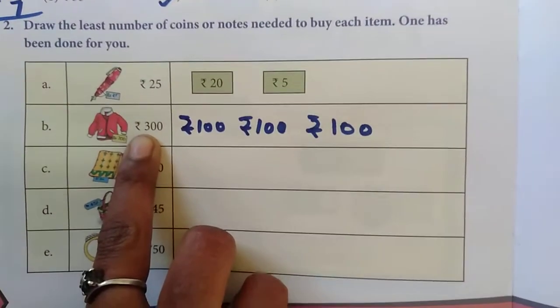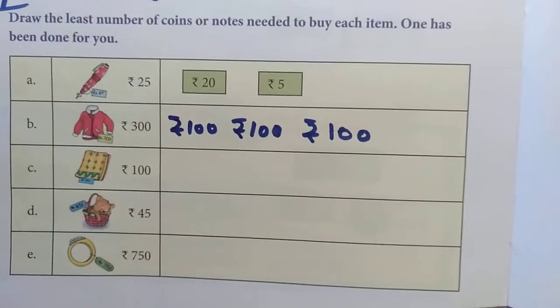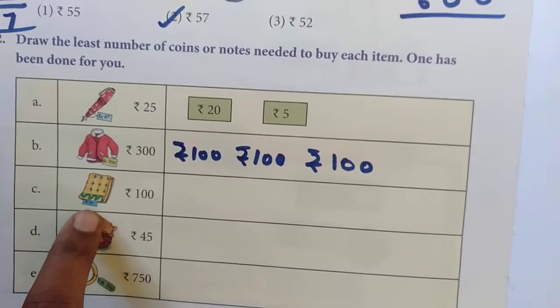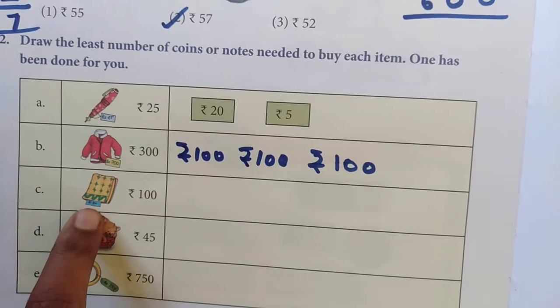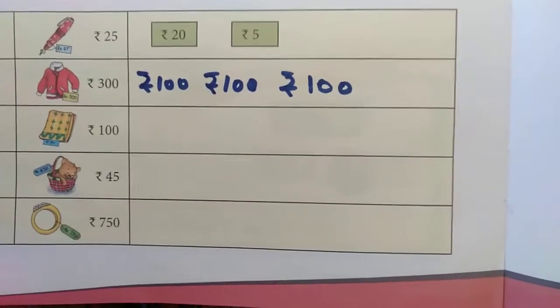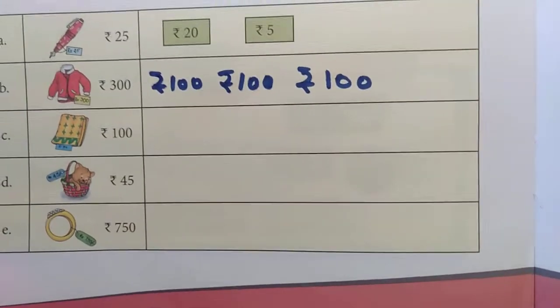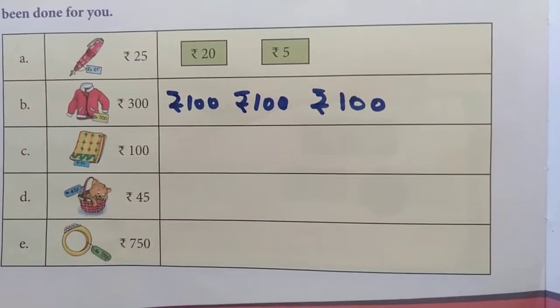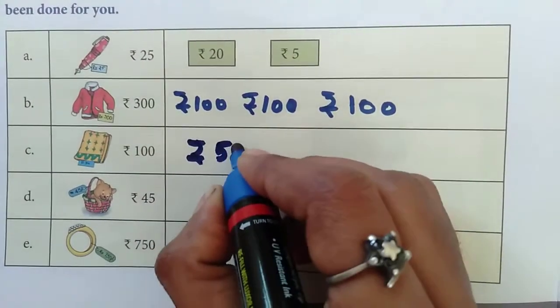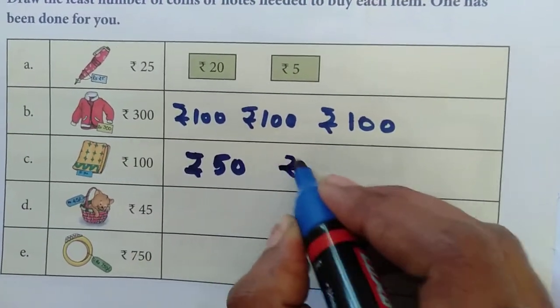Then see here. Here, what is given? That cost is rupees 100. Yes, the cost is 100 rupees. So, how will you give? 50 plus 50. You will give 50 rupees and 50 rupees.